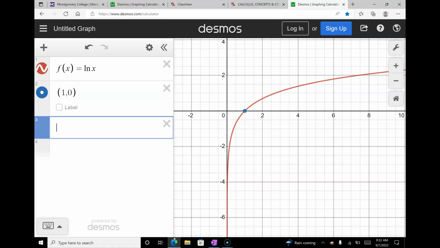Nice, I can see that. And I want an arbitrary point on this curve. Oh, this is not a good one for me to do for your prediction, sorry. It's okay. So my arbitrary point is going to be (a, f of a), or (a, ln of a), right?